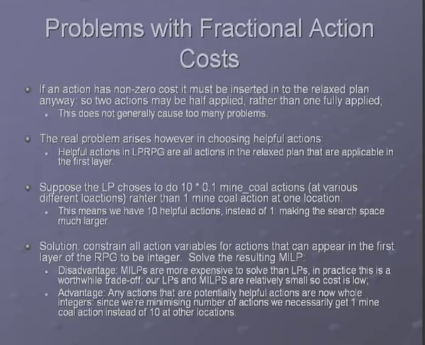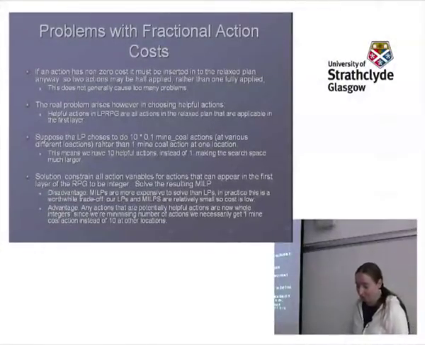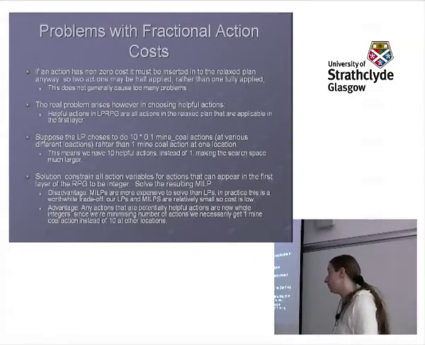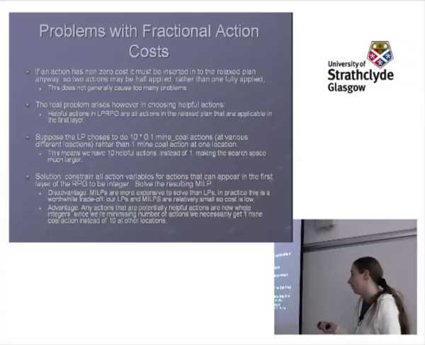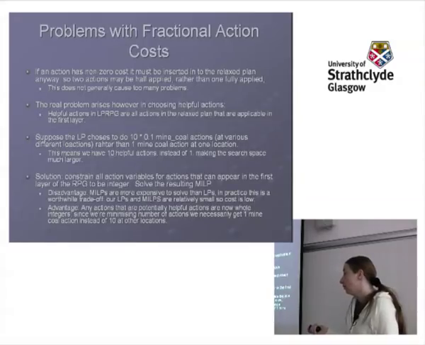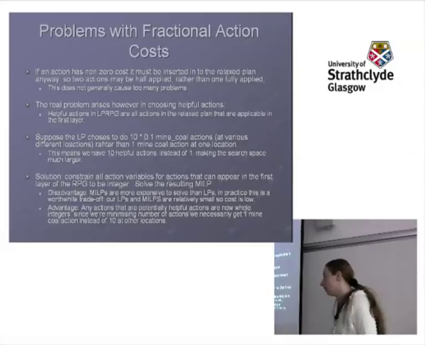This has disadvantages clearly. Mixed integer linear programs are more expensive to solve than LPs, and that obviously causes us a problem. But in practice, again, it's a worthwhile trade-off. Again, we have relatively small problems, so we can get away with it. But it has a huge advantage. Any actions that are potentially helpful actions are now whole integers.